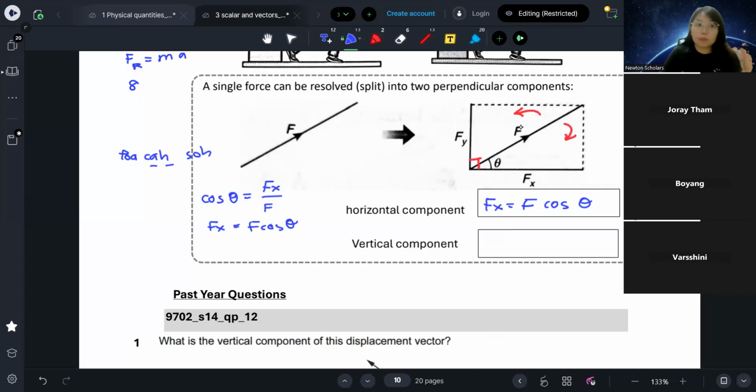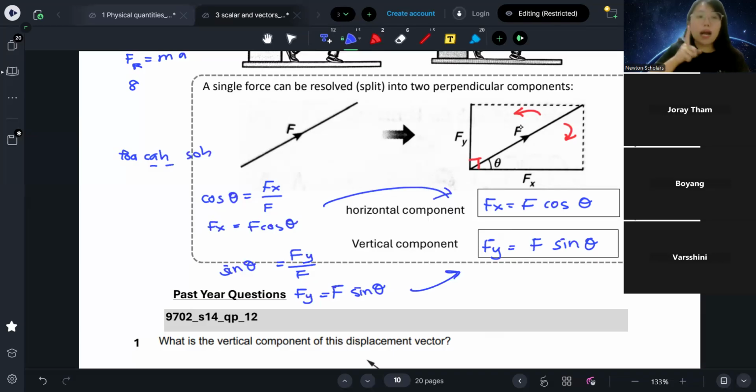The formula comes from this mathematics. For the vertical, we use Fy equals F sine theta. Same method, you use sine theta, which is y divided by F. So you get the formula to calculate the vertical component, F sine theta. This is how we get these two.